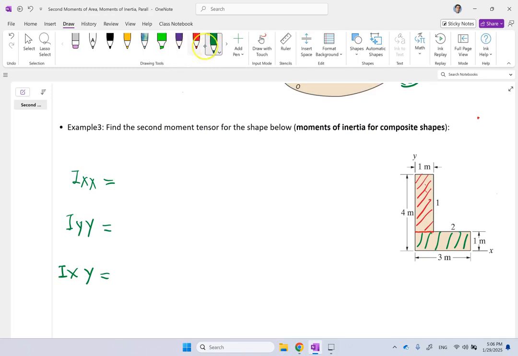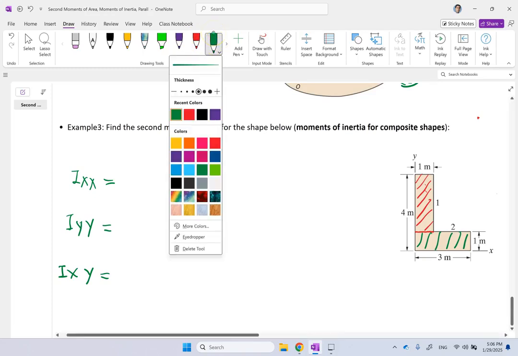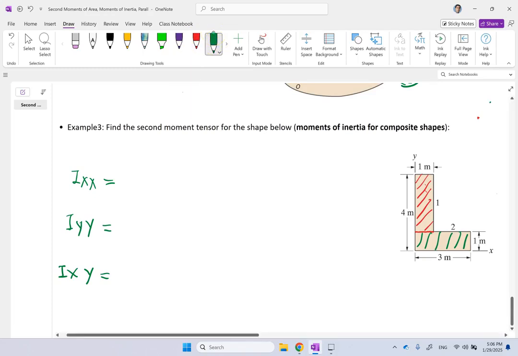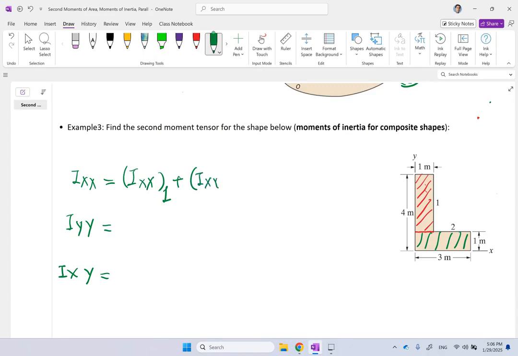So look what I do. Ixx of the whole shape is going to be Ixx of shape 1 plus Ixx of shape 2. And this is another interesting thing: if your shape is composed of several components, if you add the I's of the components, you get the entire I. You can simply add them together.